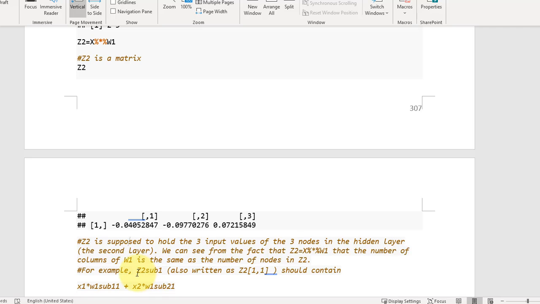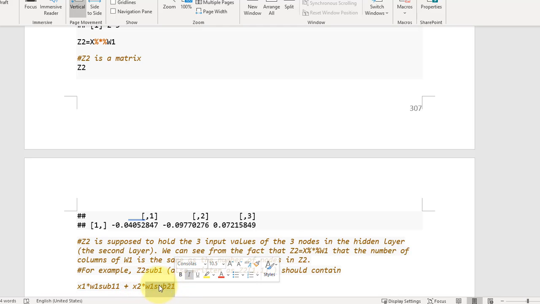Okay, for example, we can write Z2 sub 1, and that could also be written like this, Z2 1 1. And that should contain X1 times W1 sub 1 1 plus X2 W1 sub 2 1.